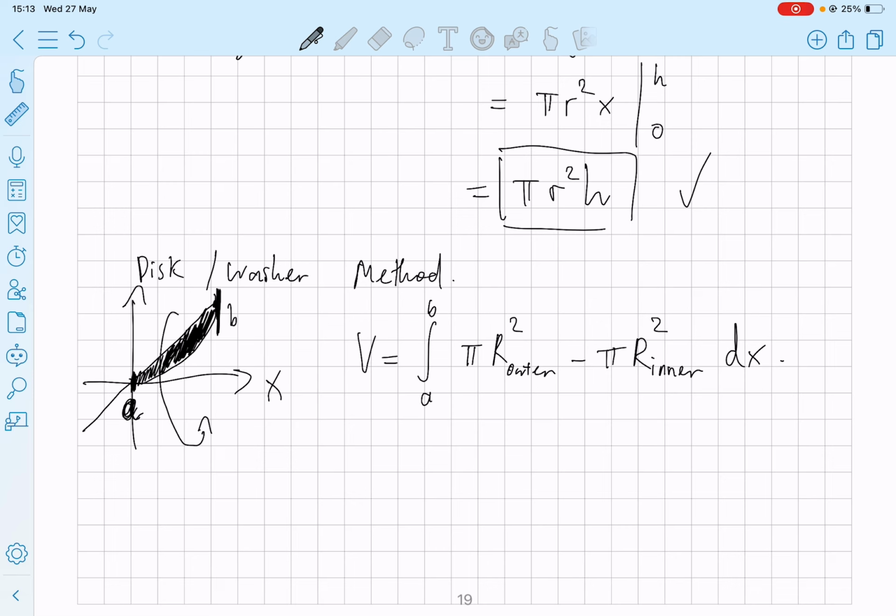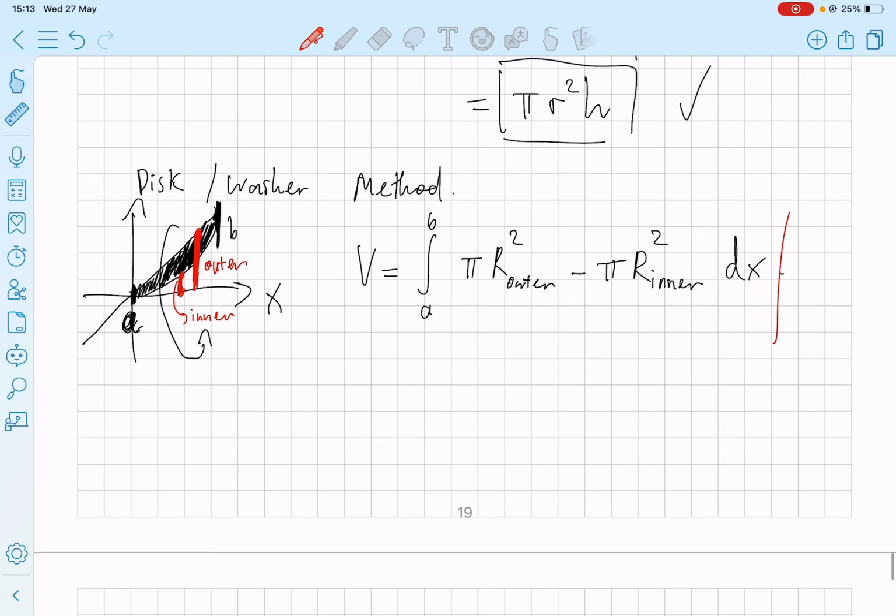So in this case, what is the outer radius? The outer is the longer one, and the inner is the shorter one. So this is outer and this is inner.